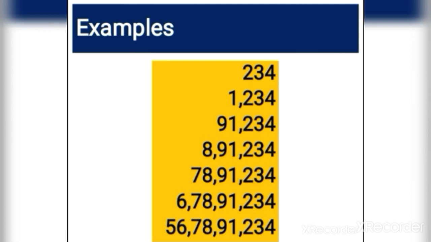Here the third comma is after 7 digits from the right side, which marks crore. 6 crore 78 lakh 91,234. And the last number is 56 crore 78 lakh 91,234.